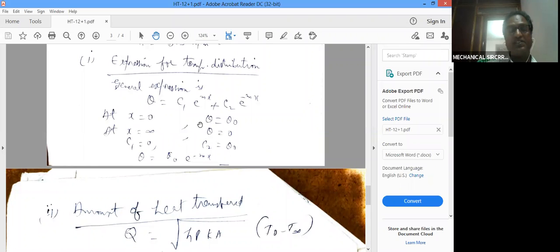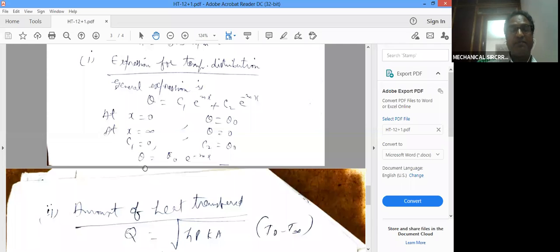By applying these two boundary conditions in this equation, you get C1 is equal to 0 and C2 is equal to theta naught. Finally, theta is equal to theta naught into e power minus mx, that is theta by theta naught is equal to e power minus mx.